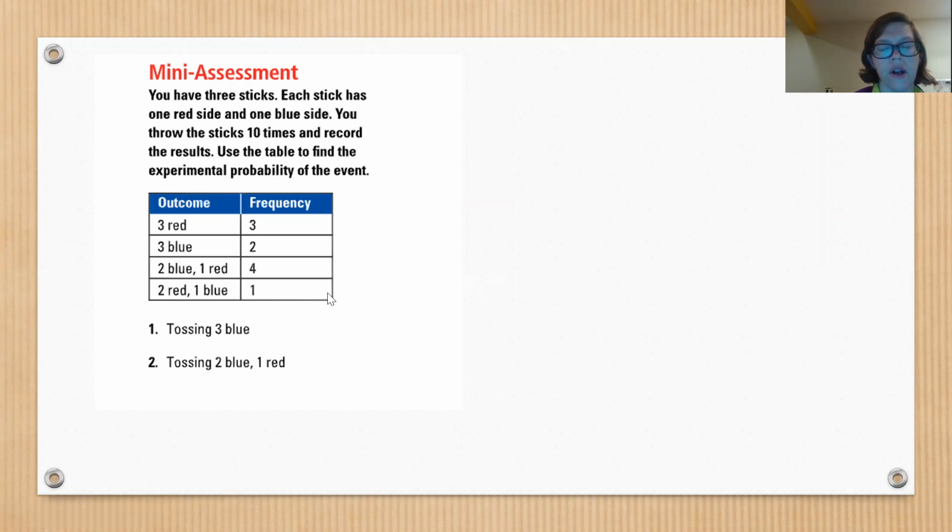Okay, so the first thing we need to do, so probability of our event, which in this case is what? Our probability of 2 blue and 1 red.